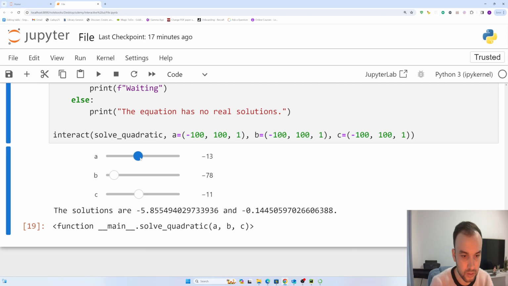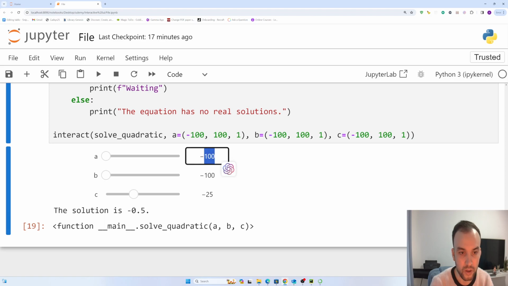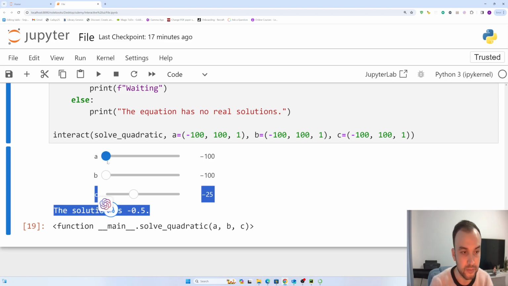Sometimes we have 1. Maybe when all of them are minus, we don't have any. Okay, minus 100, minus 100, and c is minus 25. We just have one solution, and it is minus 0.5.